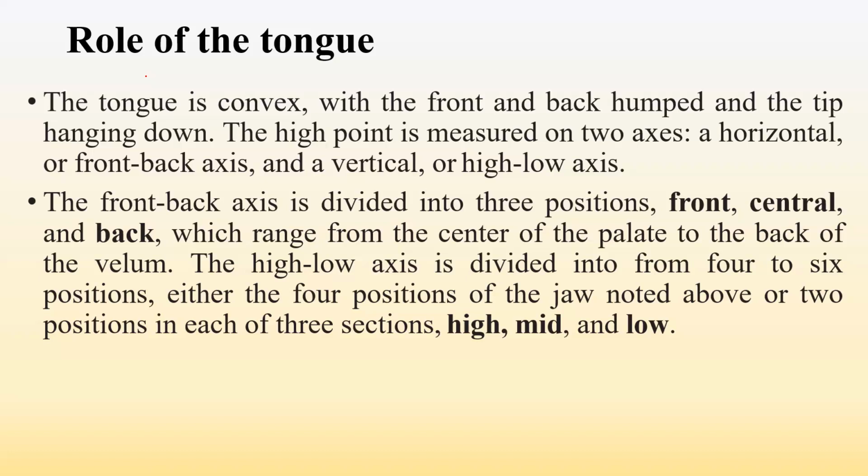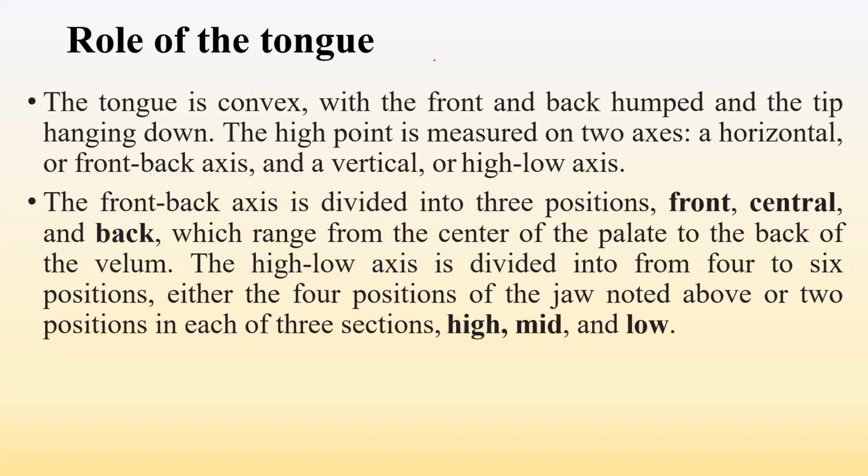But when you think about the vowels, actually the tongue plays a huge role. So the tongue is convex with the front and back humped and the tip hanging down.